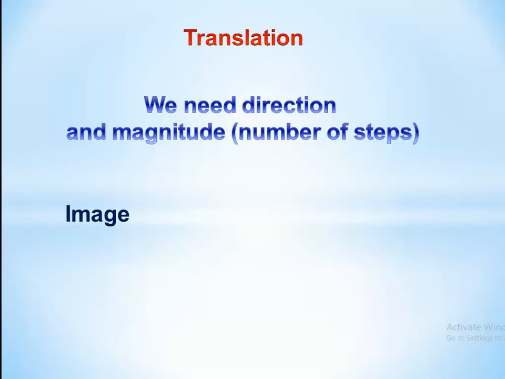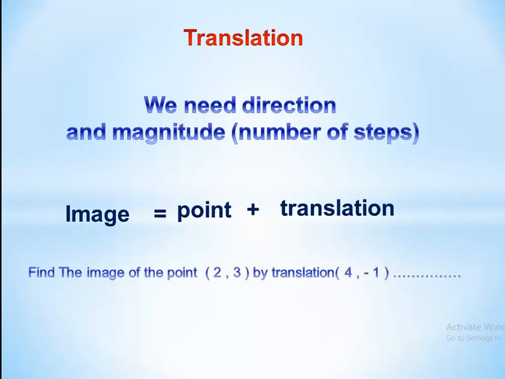Okay, to get the image of any point by the translation, we know that we have the original and the image. So the image equals the original point plus the translation.